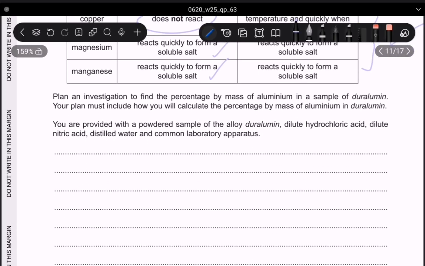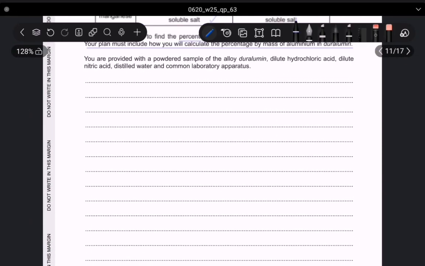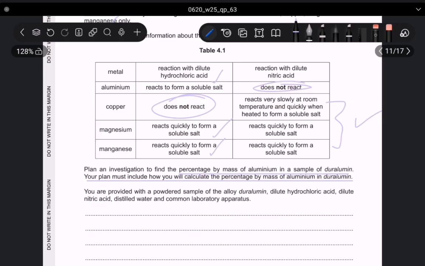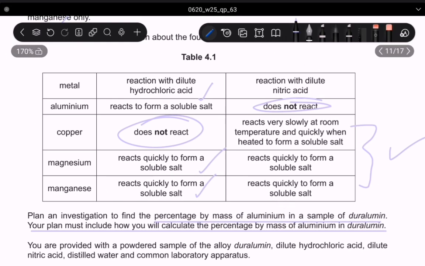So plan an investigation to find the percentage by mass of aluminium in the sample of duralumin. Your plan must include how you will calculate the percentage mass of aluminium in duralumin. You're provided with a powder sample of duralumin, dilute hydrochloric acid, dilute nitric acid, distilled water, and common laboratory apparatus. Now, how you can do this is pretty simple. The way I'm going to think about this is we need to know the percentage by mass of aluminium.